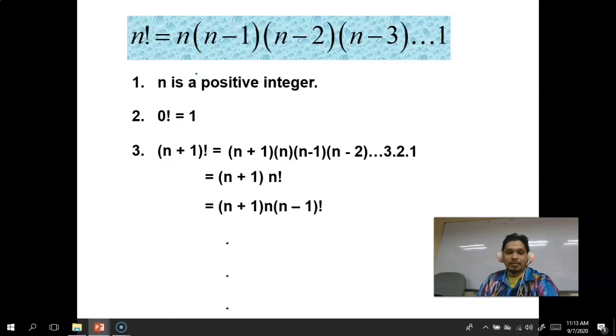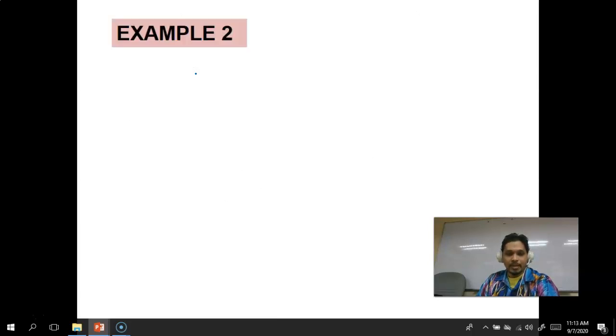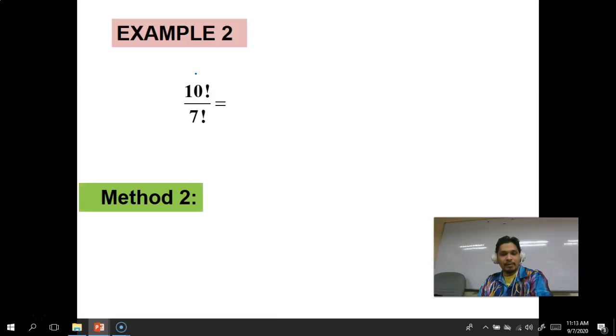Okay, so example 2. 10 factorial divided by 7 factorial. So what about this one here now?